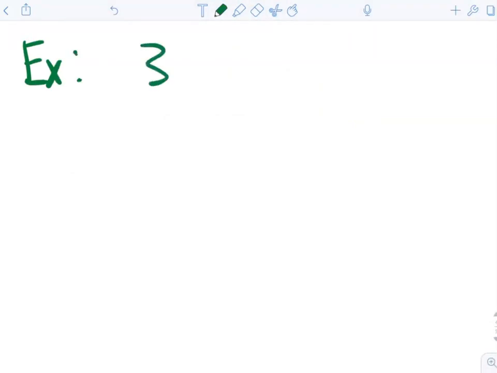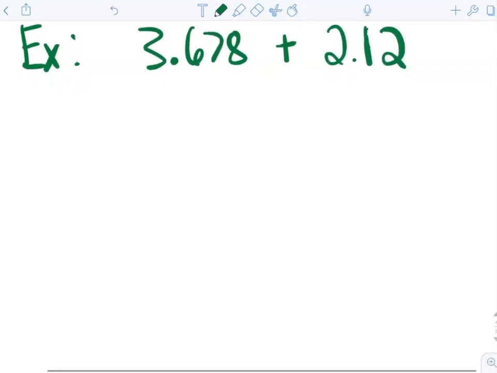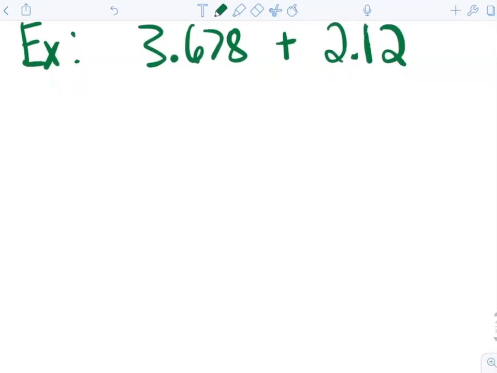So let's say I was told that I needed to do 3.678 plus 2.112. Well, what I'm going to do is I'm going to line up my numbers to see my decimal places.